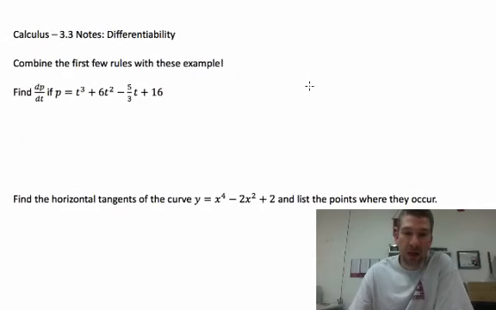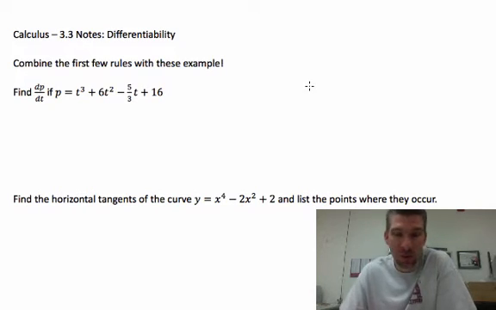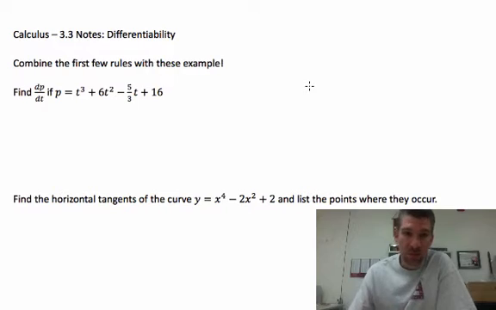Okay, so we just took a peek at some of the basic rules and how to use them, and here's a little bit of a more complicated problem now. Find dp dt if p equals t cubed plus 6t squared minus 5/3 t plus 16. Yikes. A lot going on here, but not as much as you might think. We're just going to go ahead and take the derivative of each guy along the way here.